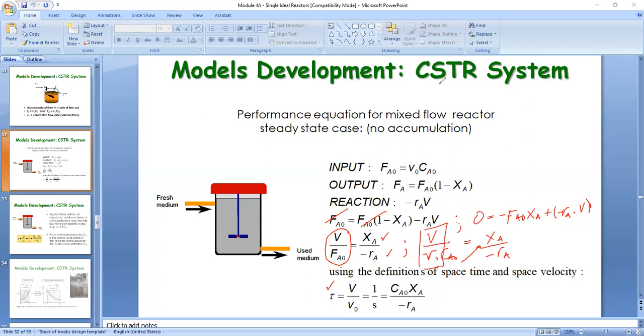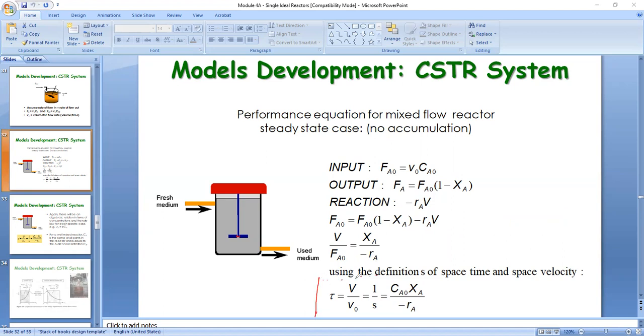Now if I erase everything in here and emphasize to you the working equation, this would be your performance equation for the CSTR, expressed in terms of space-time, just like the way we have expressed the performance equation of the batch reactor in terms of time. Only that in here, we have space-time. In the batch reactor, we have the residence time or the holding time.